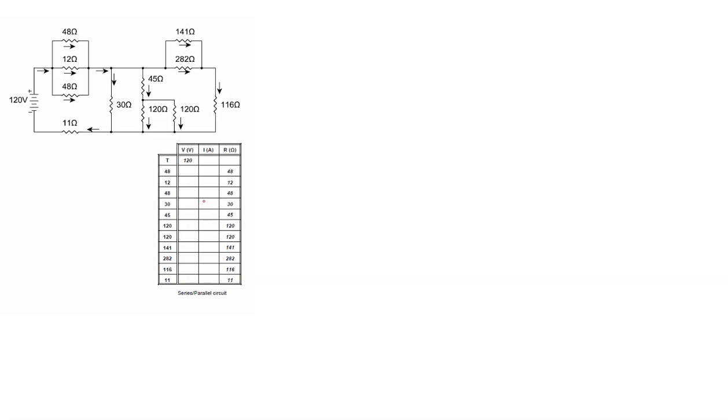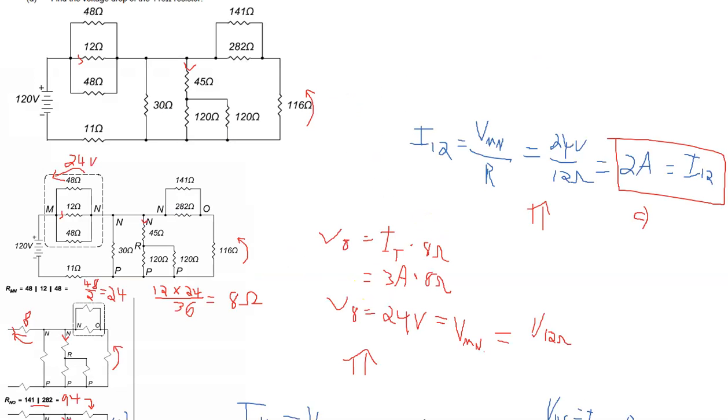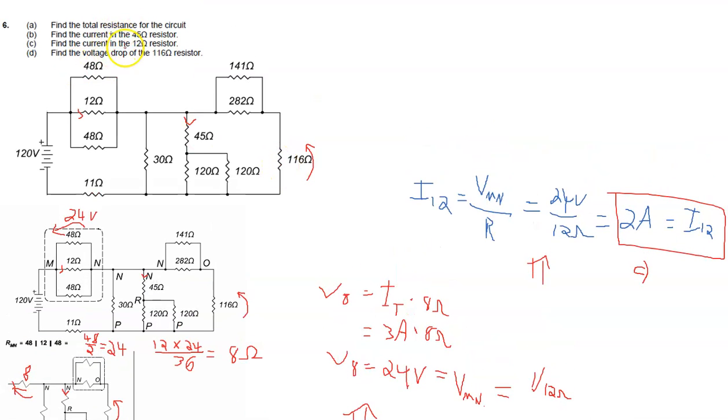And we don't need to fill up the whole VIR chart, right? We calculated the current here, which is also then the current through, well, that current divides into these two. We calculated some voltages, but we certainly didn't calculate all the numbers for the VIR chart. What we did was we concentrated on answering the questions.